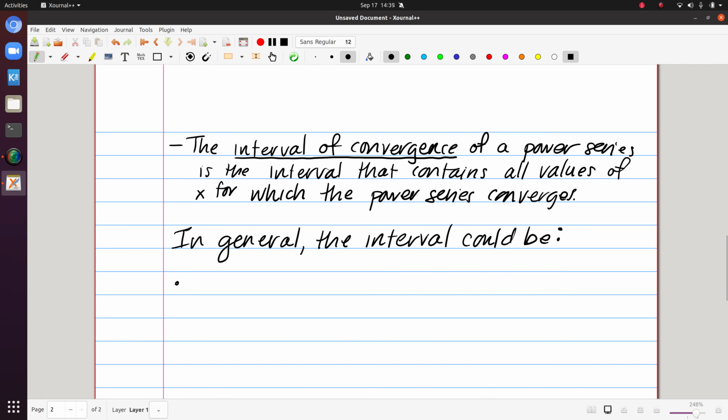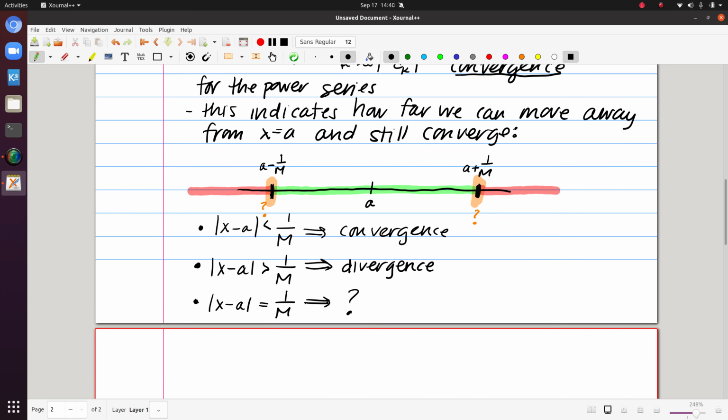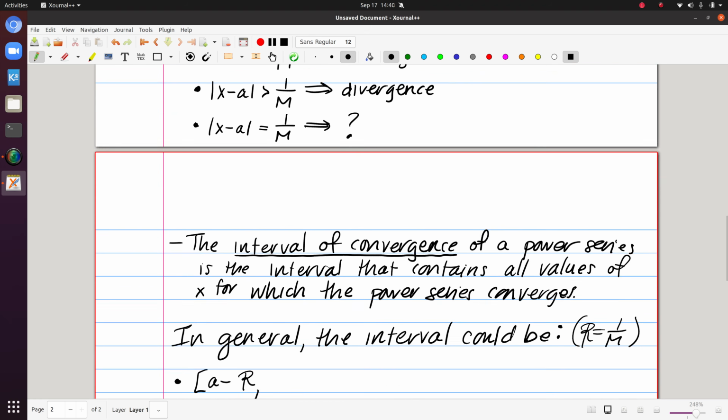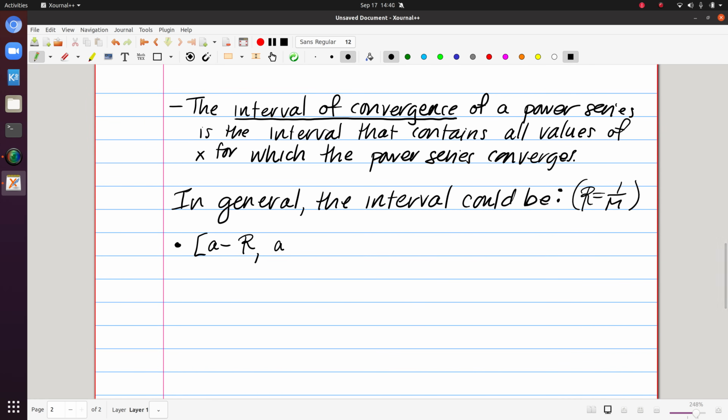So I'm going to let R represent the radius, so I don't have to write the 1 over m. Once I have the radius, again, I'm talking about these orange points that we put up here. Those are a minus R and a plus R. It could be the case that in addition to converging between those 2 points, we find that it also converges at those points.